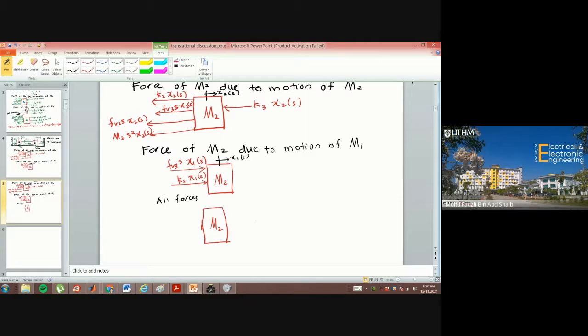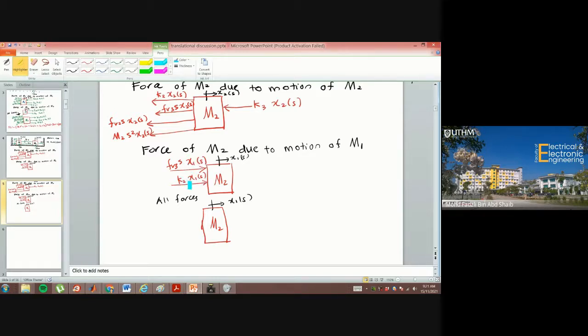We have M2. What do we have? See the arrow, the arrow shows to the right. We have 1 and 2.